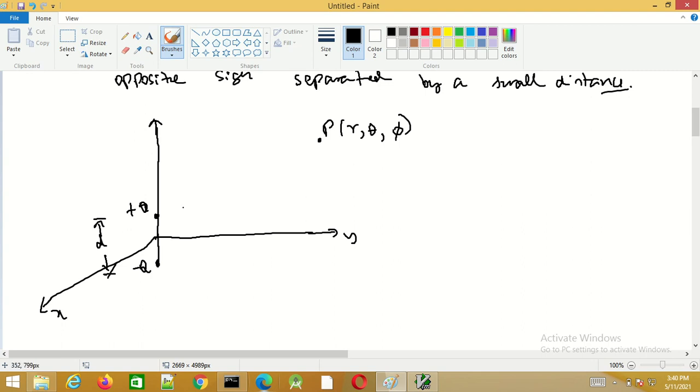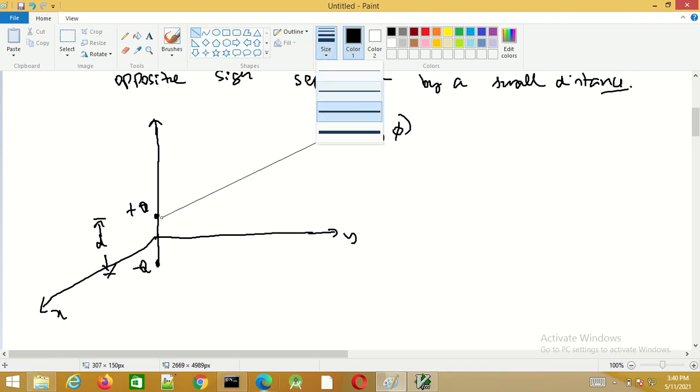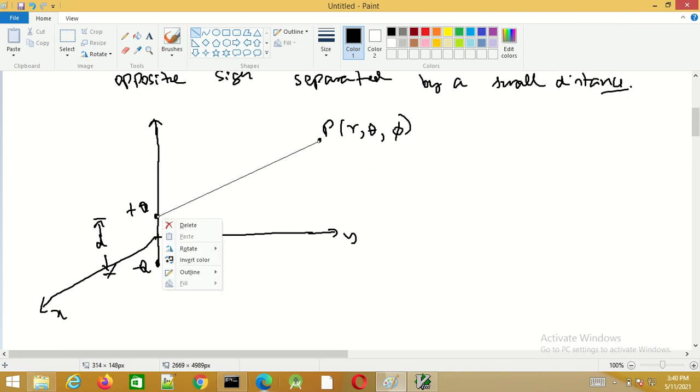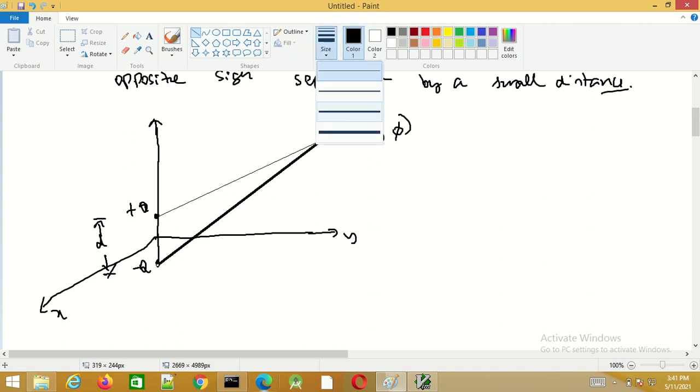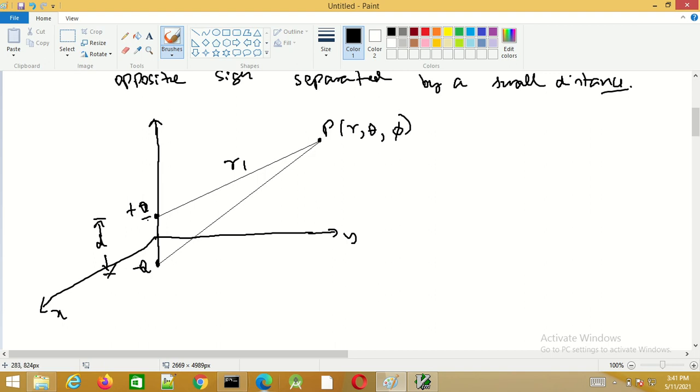So let us consider the distance of point P from charge plus Q to be R1, and the distance of point P from charge minus Q to be R2.